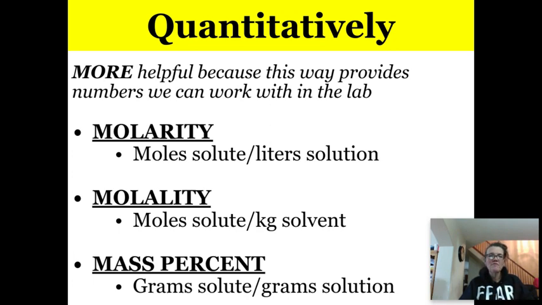It's a lot more familiar in everyday instances. For example, if you were to look at a bottle of vinegar, it says that vinegar is 5% acetic acid in the solution. But again, these 3 ways to describe solutions are much more beneficial to us in the lab because they can actually tell us a number of molecules or atoms that are involved. And remember, that's very important to us when we do calculations.